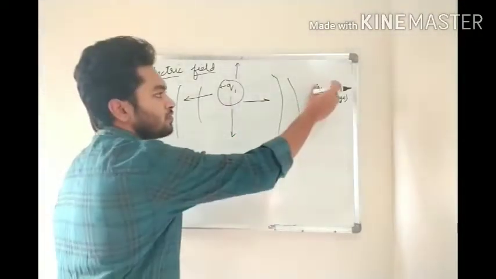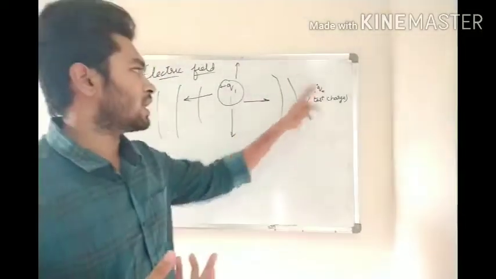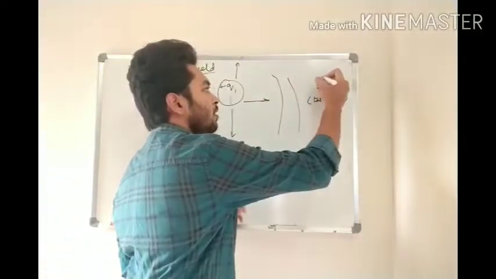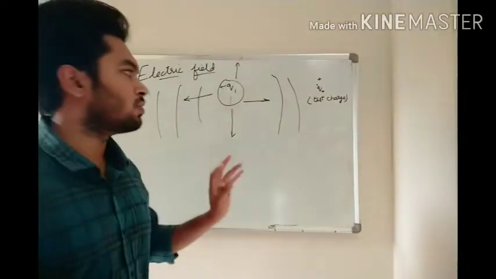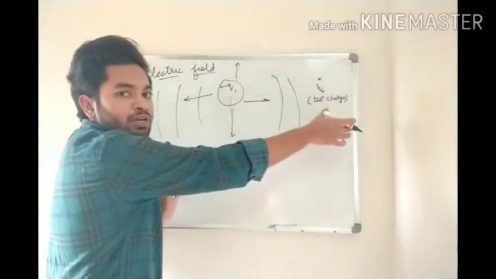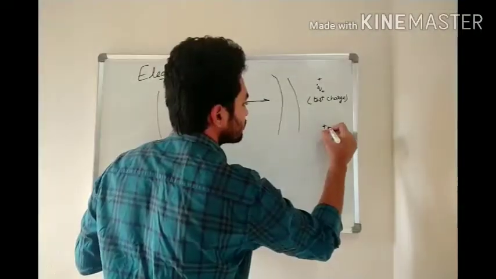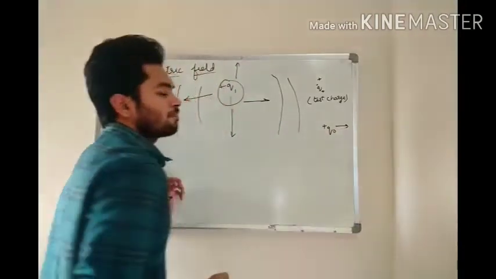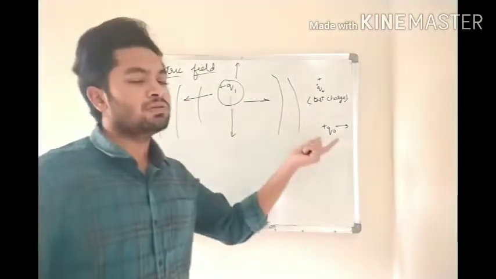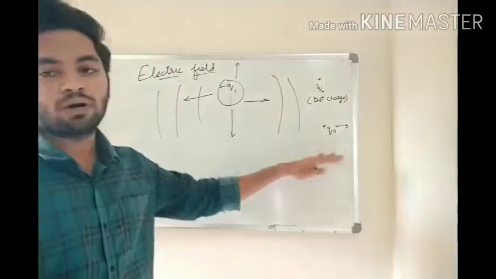So what happens if you bring a test charge? We are going to consider a positive test charge, positive q0. If I bring this q0 near this positive q1, what will it do? This positive q0 will repel. We already know that positive charges repel each other, so it will get repelled. From this, what do we understand?